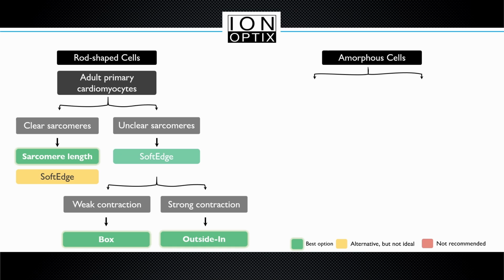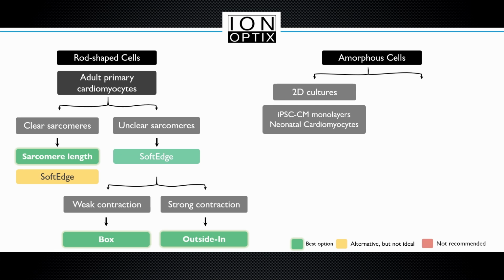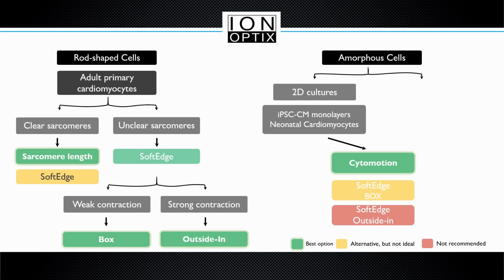If you work with amorphous cultured cells that have boundaries with low contrast, such as an iPSC cardiomyocyte monolayer or neonatal cardiomyocytes, we recommend using CytoMotion, as this module is better for contraction kinetics detection, ease of use, and it captures centers of contraction.